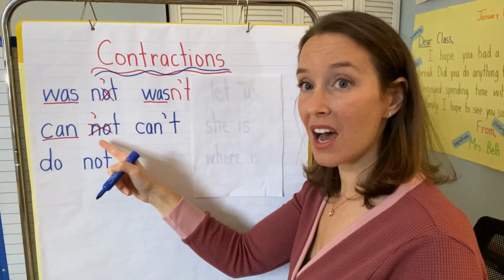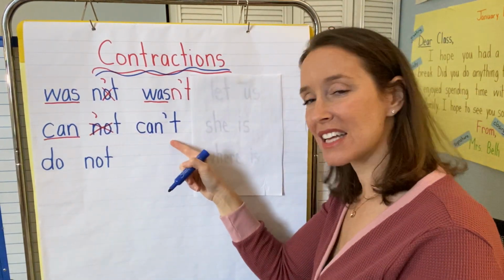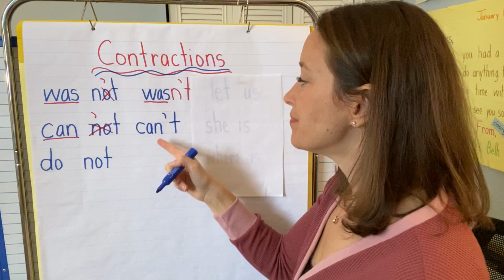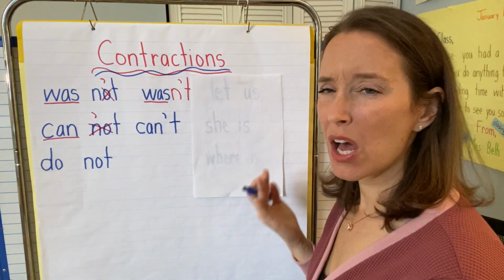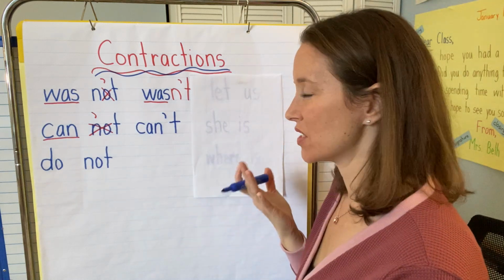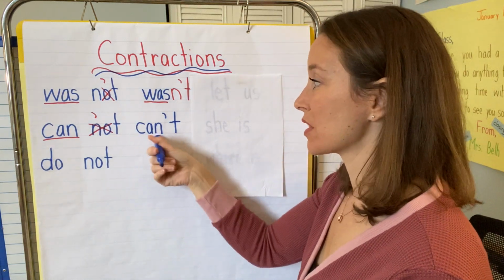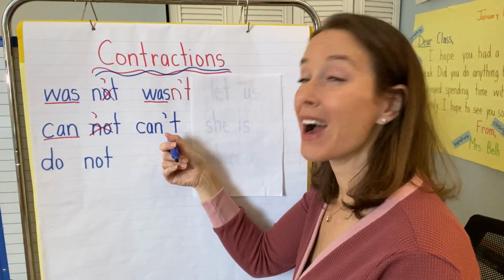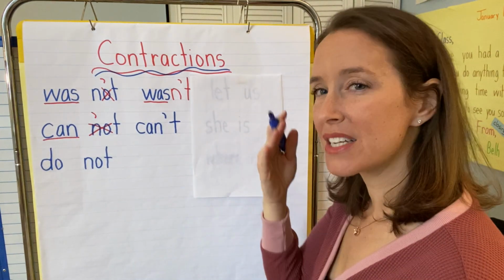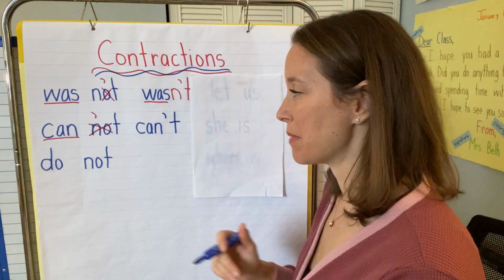So if I cannot do it, I can't do it. Okay? So can't means I cannot. Sometimes it helps us to think about those in a sentence too. If you look at the word can't, you think, okay, how could I say it? I can't do it. Or I cannot do it. Put it in a sentence that helps you understand it a little bit better.